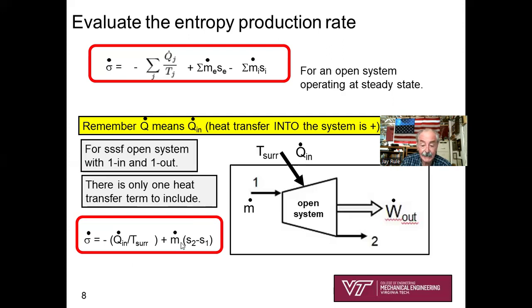So we've got m dot times, based on our sketch, s2, that's what's going out, minus s1, what's coming in. All right, so if you're thinking about a formula sheet or special formulas you're going to write down, you've got to be careful that if you're going to write this down, it needs to include a sketch. So one occurrence of heat transfer in from T of the surroundings might be hot, okay? The pesky minus sign, don't forget the pesky minus sign, plus m dot leaving s, entering.